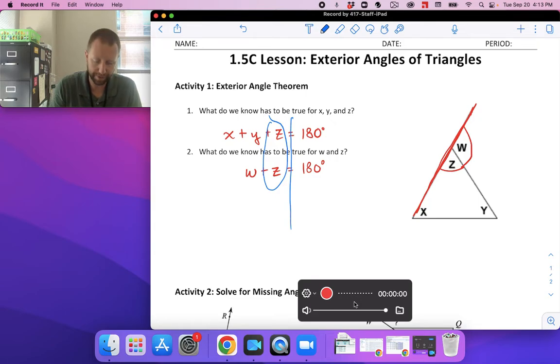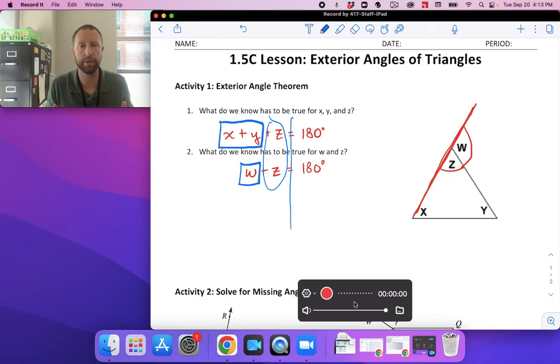The only thing that's different is instead of X plus Y, down here, we have W. Now, if I'm adding Z at the end of both of these equations, and both equations equal 180 degrees, that has to mean that this X plus Y is the same value as W. There's no way to add Z, which is the same angle, on both equations to something and have it equal 180 degrees if what we're adding Z to are different amounts.